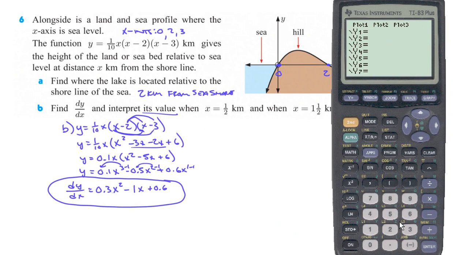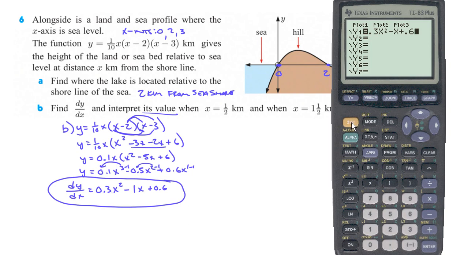So let's try this. It's positive, right? 0.3x squared minus x, plus 0.6. And again, I don't care what the graph really looks like too much. What I want to figure out is the values at 1.5 and 1/2.